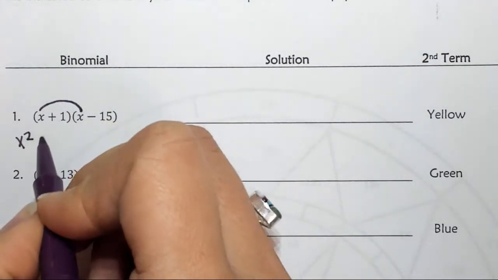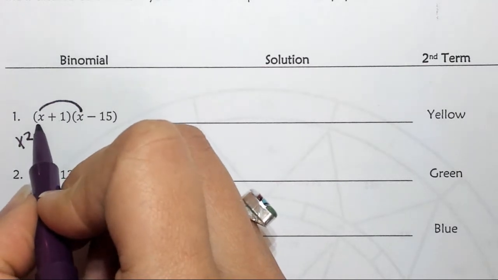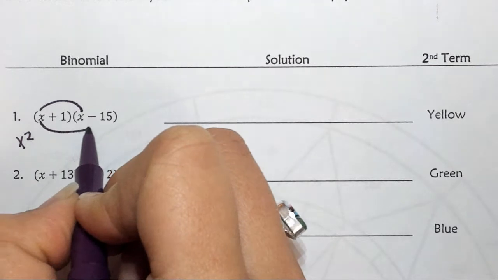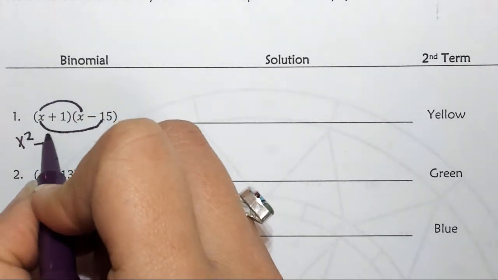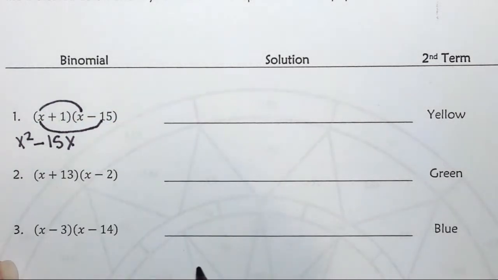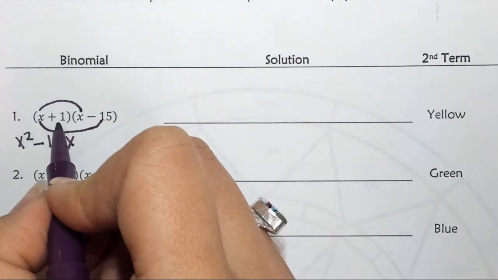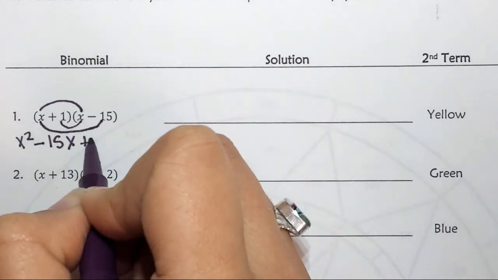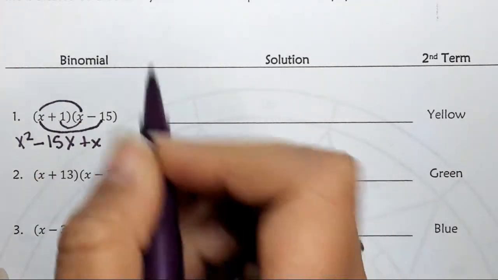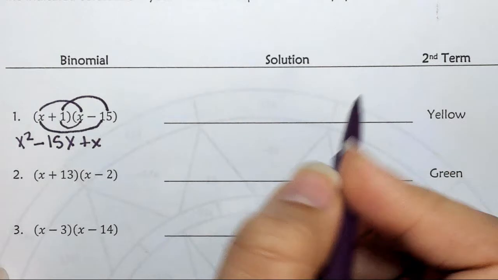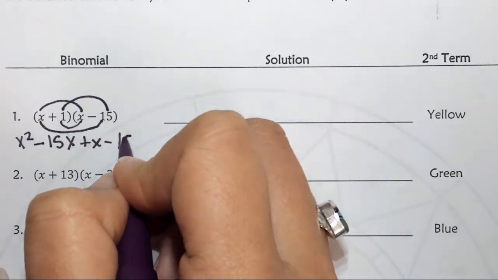And then you're going to do your outer term, so x times -15. And then you're going to do 1 times x. And then you're going to do 1 times negative 15. Good, take 2 points.